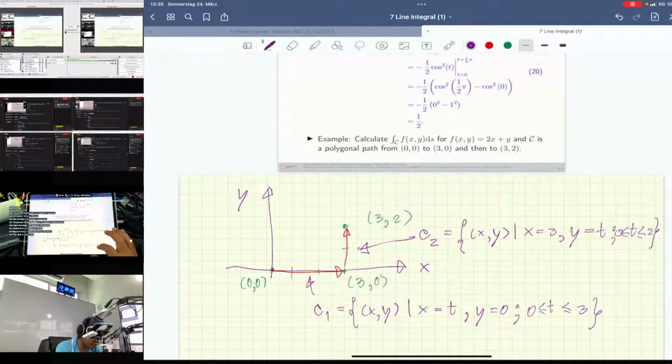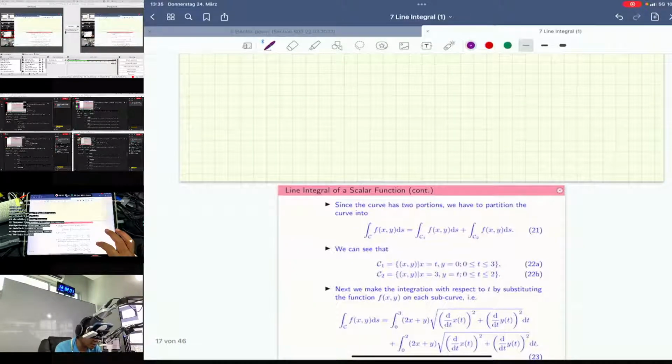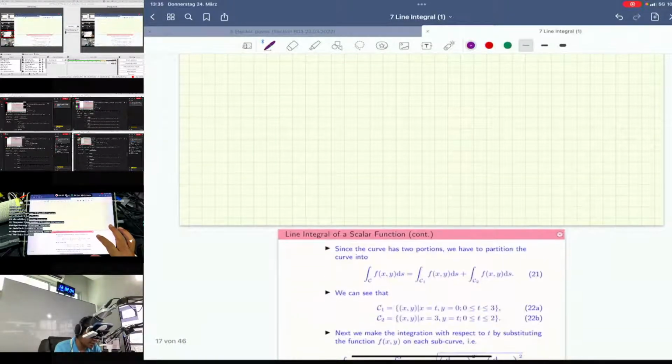I'm not sure whether it's correct or not. Let's check. Yeah, that's the second curve here.